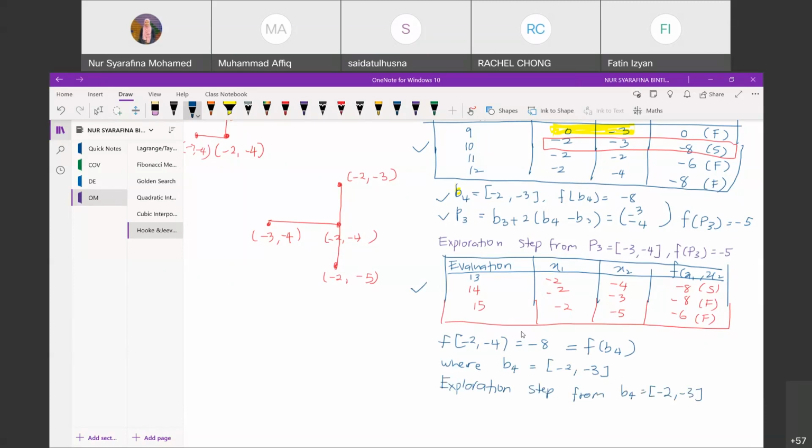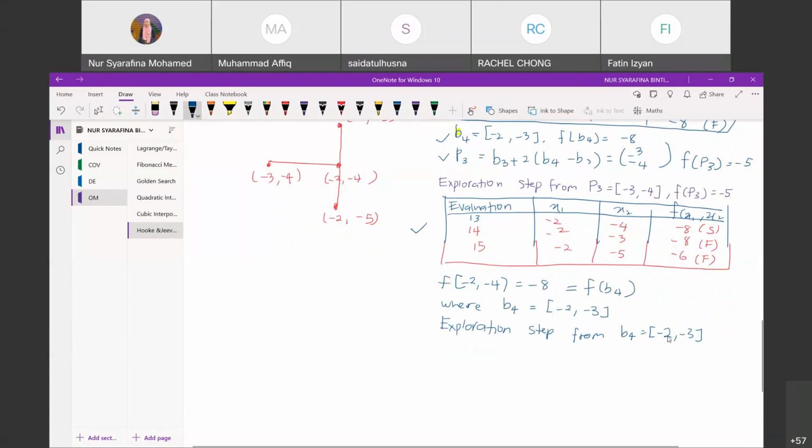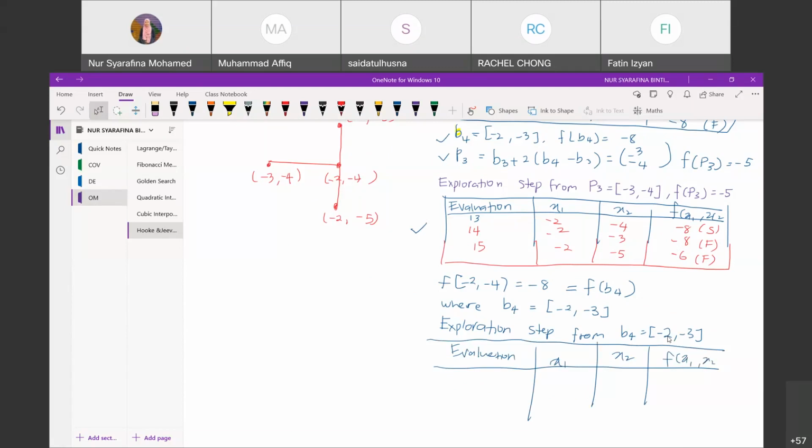Okay, so that means your next evaluation here must start again at -2, -3. Moving to the right will become -1, -3.